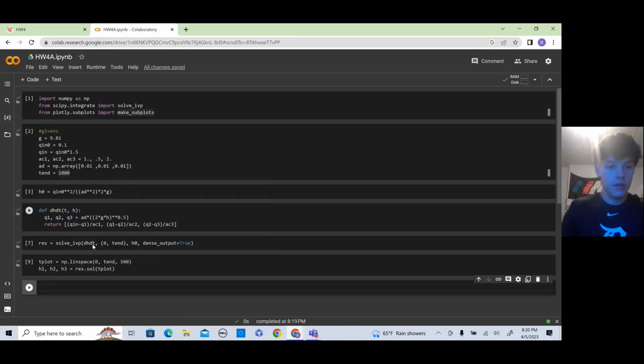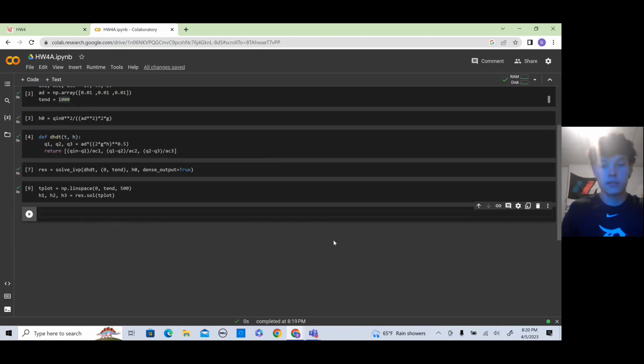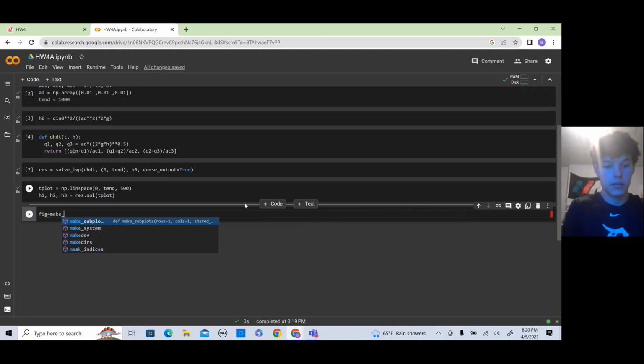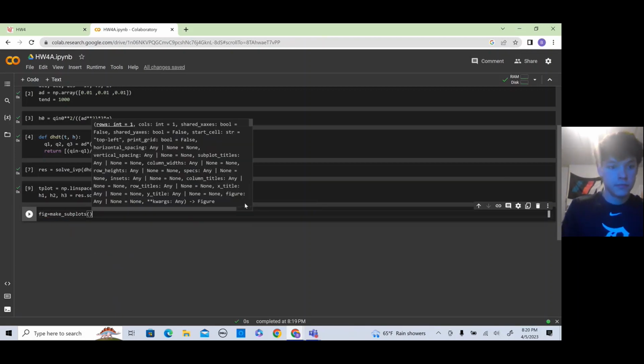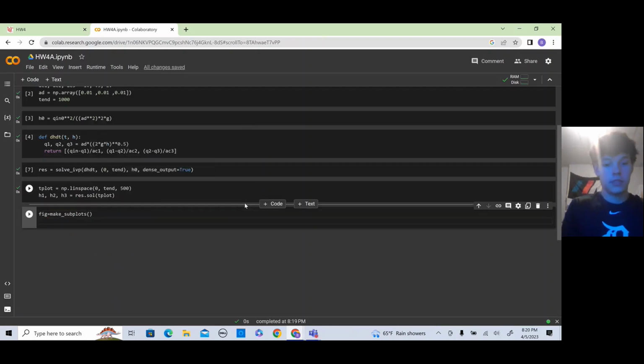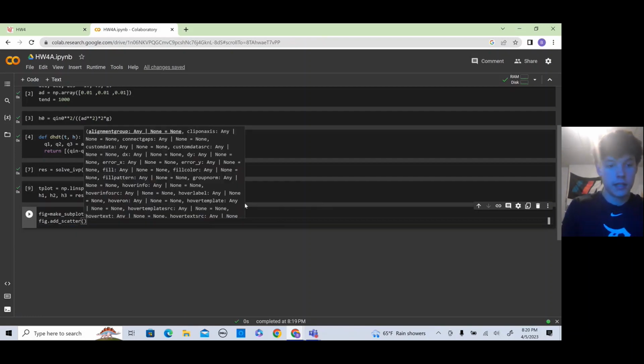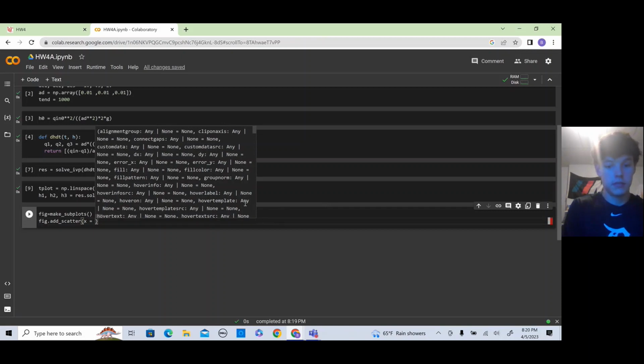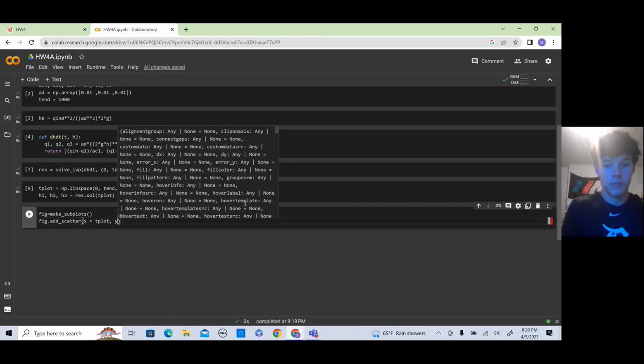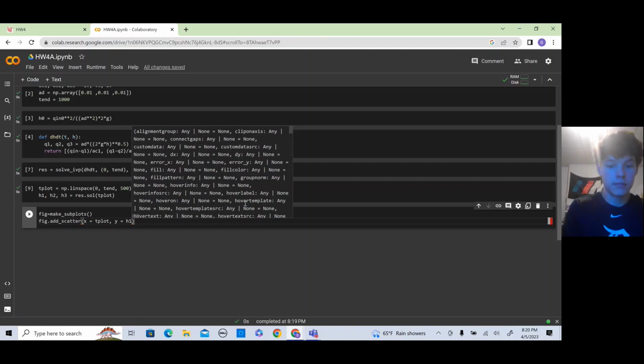So now we can begin to make our scatter plot. So fig equals make_subplots. And we can fig.add_scatter. We can do x is going to be equal to t plot. Our y will be equal to h1.